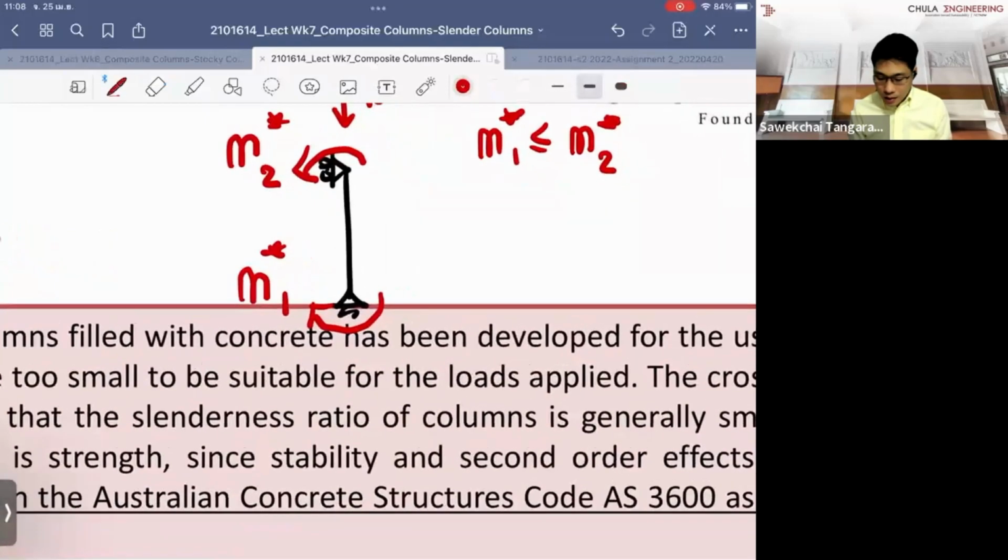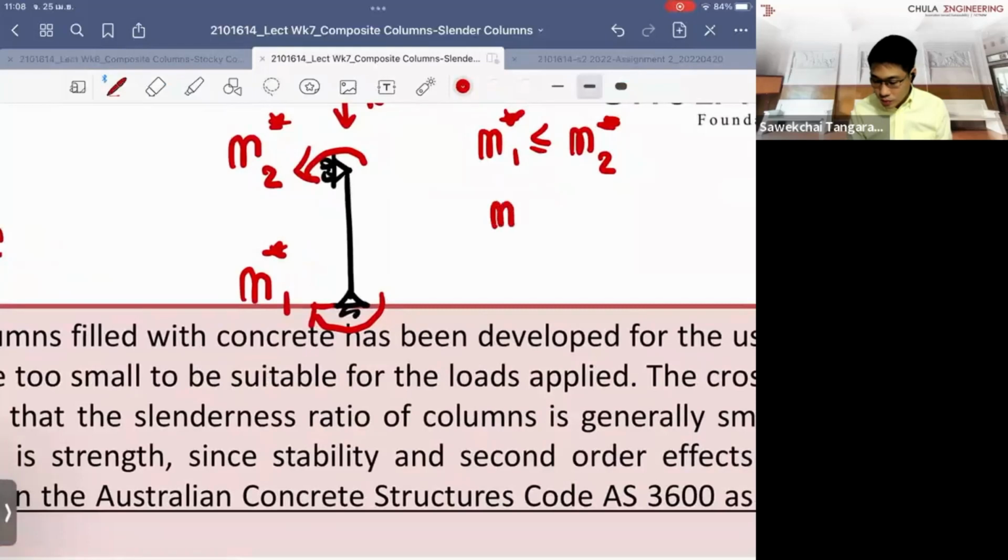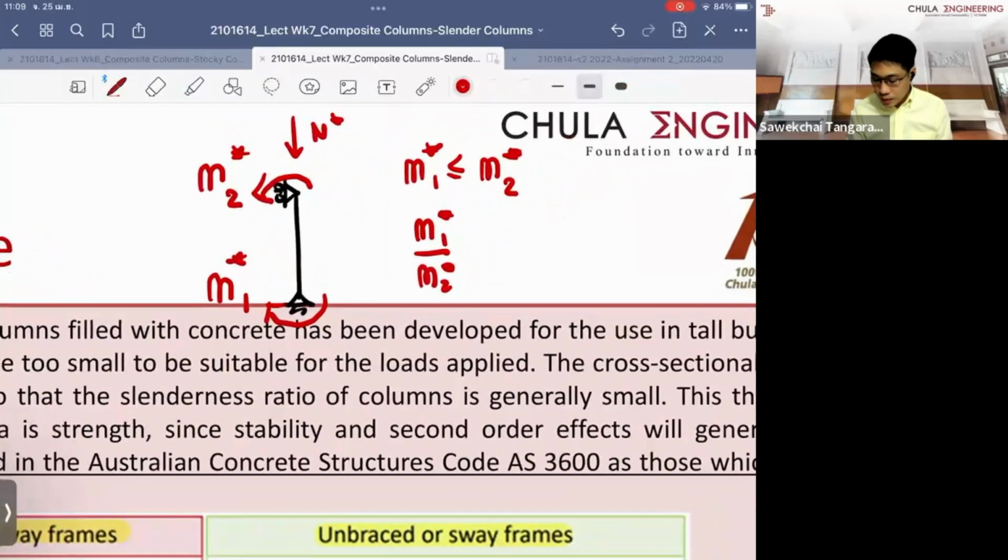And the ratio of M star 1 and M star 2 takes a negative value if you have single curvature, and a positive value if you have double curvature, right?